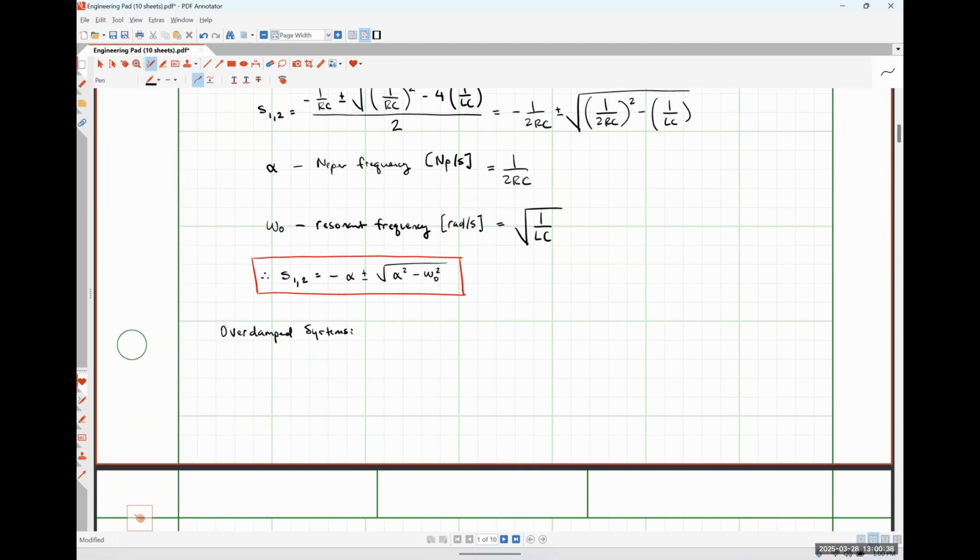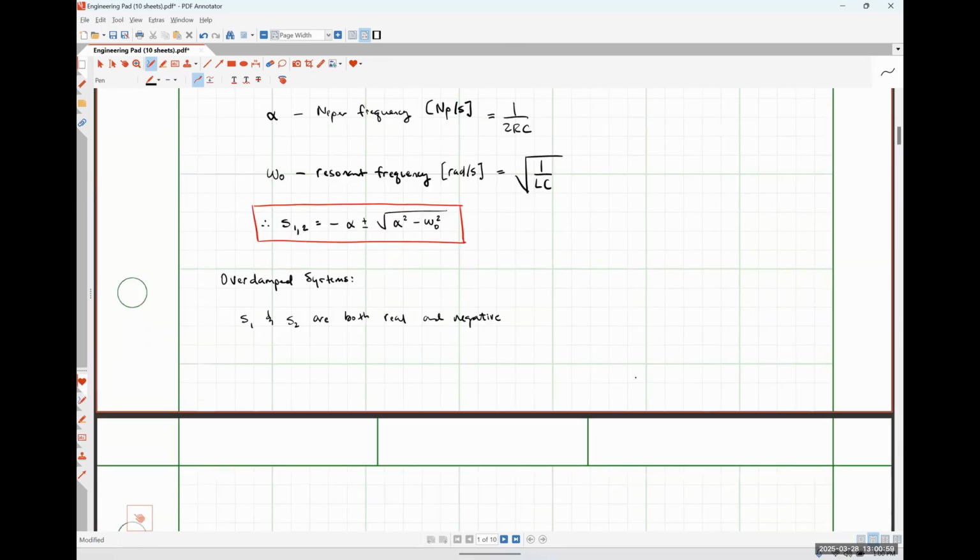So in an overdamped system, we will see that S1 and S2 are both real and negative, okay? So S1 would simply be negative alpha plus the square root of alpha squared minus omega naught squared. And S2 would be negative alpha minus the square root of alpha squared minus omega naught squared.